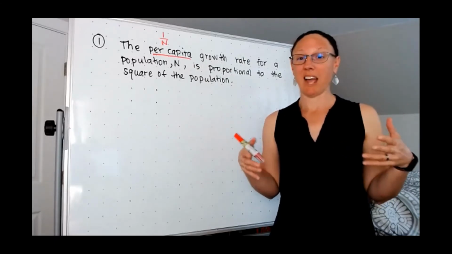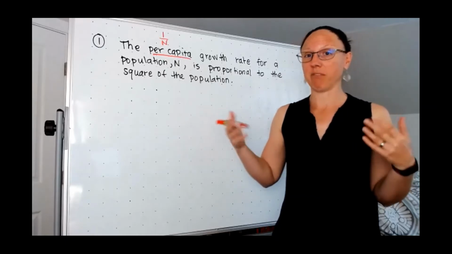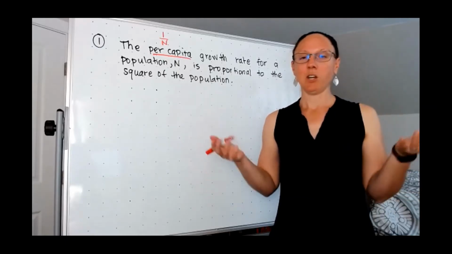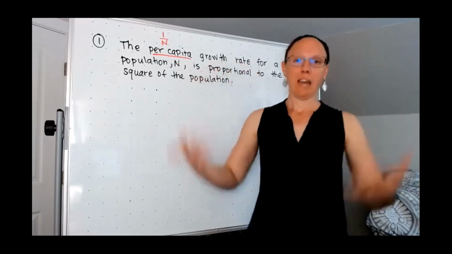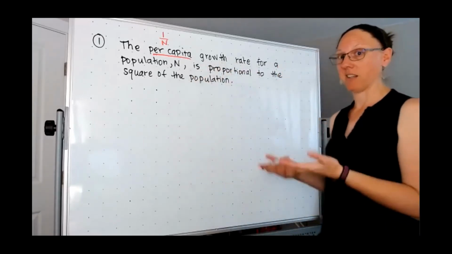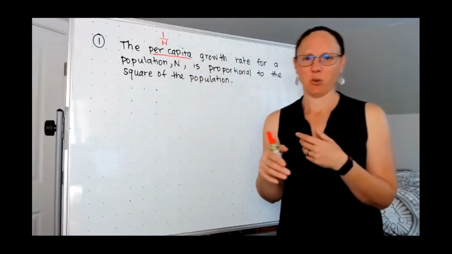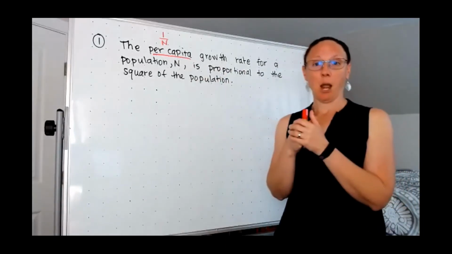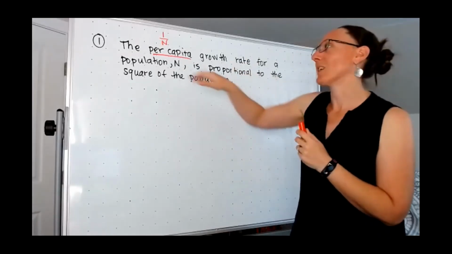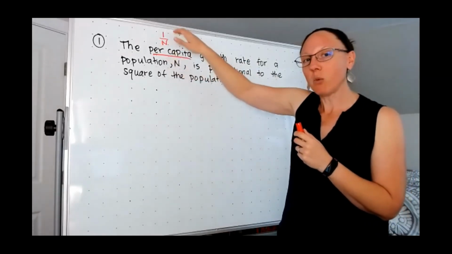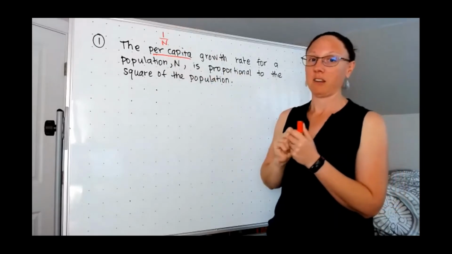California has one of the highest per capita vaccination rates at the moment, which means relative to the size of the population, California has a lot of people vaccinated, right? Or I don't actually know that we're the highest per capita, I made that up. But that's what it would mean, is relative to the population. So when it says per capita, we write 1/n.